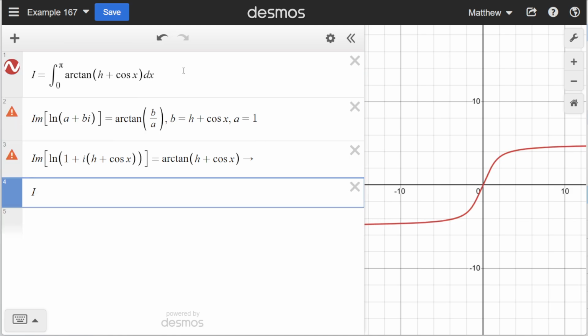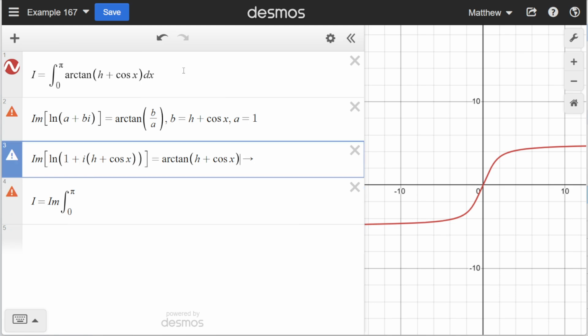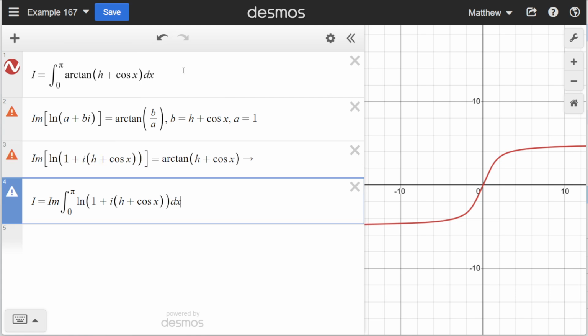So now we can say that I is equal to the imaginary part of the integral from 0 to pi of this expression, integrated with respect to x, dx.